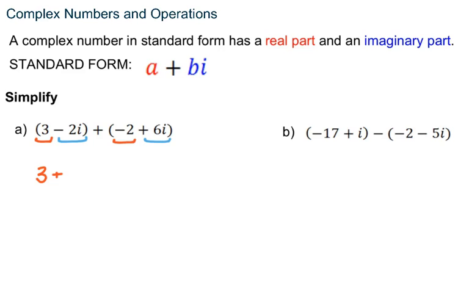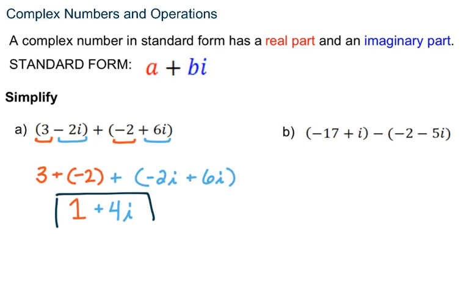So I'll say 3 plus -2, I'll add my two real numbers, plus I'll have -2i plus 6i. So 3 plus -2 will simplify to 1, and -2i plus 6i will give us plus 4i. So the sum of these two complex numbers is 1 plus 4i.